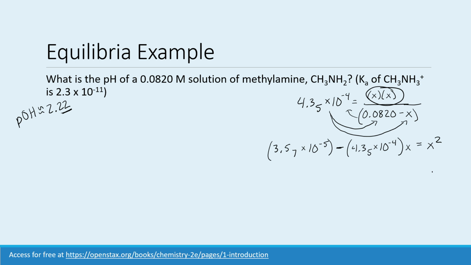Okay, and then we're going to bring everything over to one side. I like to keep the x squared positive, so I'm going to move everything else over to the other side of the equation. So I get x squared plus 4.35. It might also make it easier if you use the capital E notation, so I'll erase this real quick.